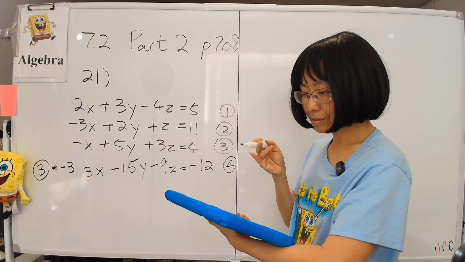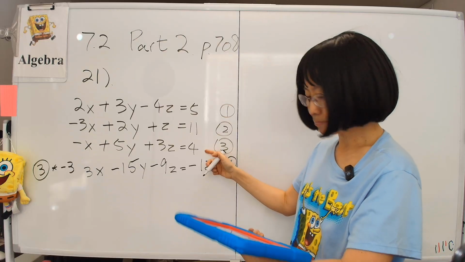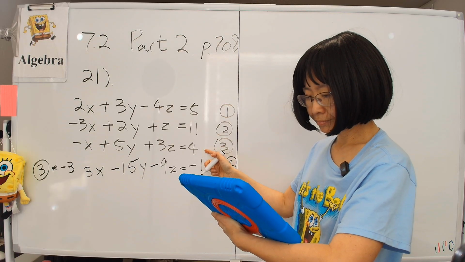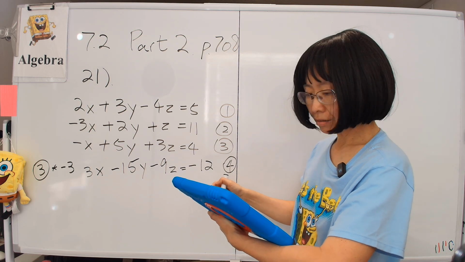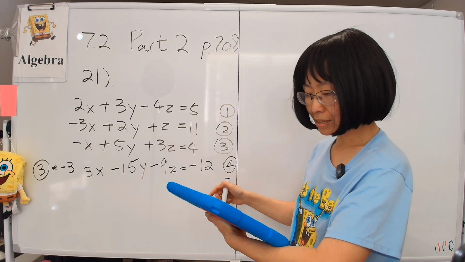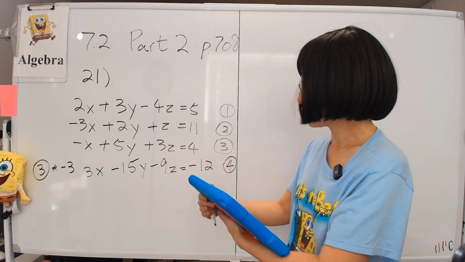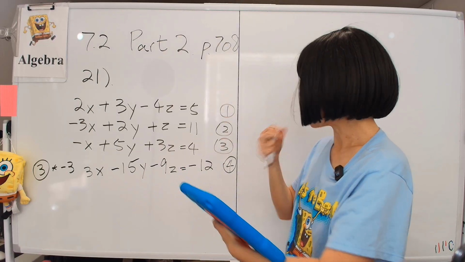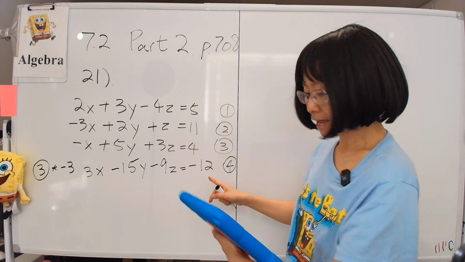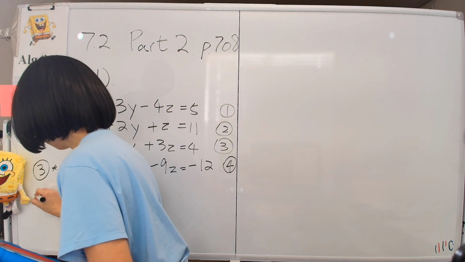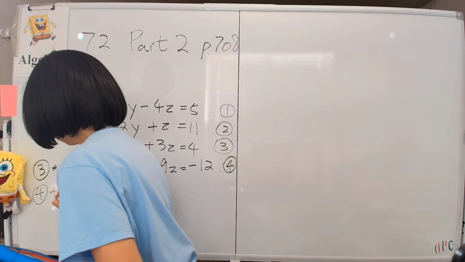And then next, we're going to take equation 3, the same thing, and multiply it. I did the wrong one. I did the next one. Doesn't matter. We'll do this one first. And once we did this, then we need to add it to equation 2. So we'll add equation 4 to equation 2.